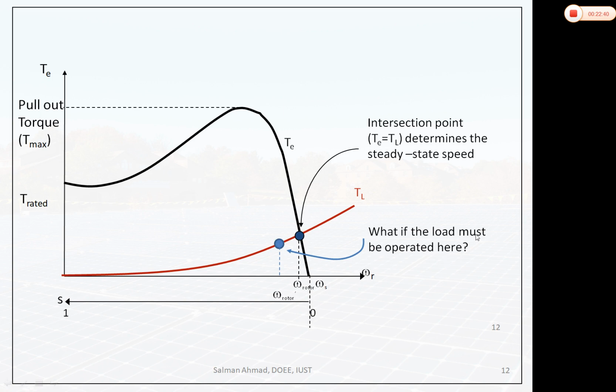If we want the load to operate here, at this much speed, we have to shift this motor torque characteristic, because the requirement is from the load side. If it is to be rotated at some other speed, you have to shift this characteristic so that the intersection point is at this point. There are several methods to achieve this, called speed control of induction motors.